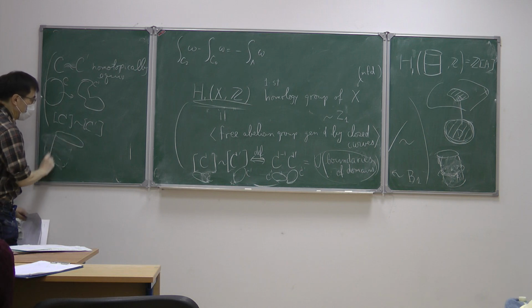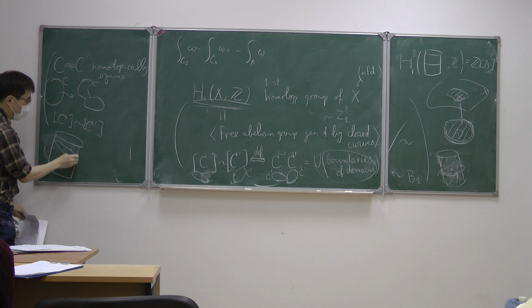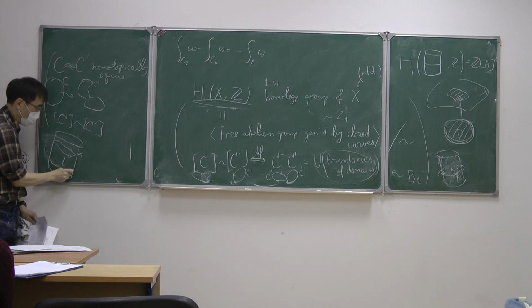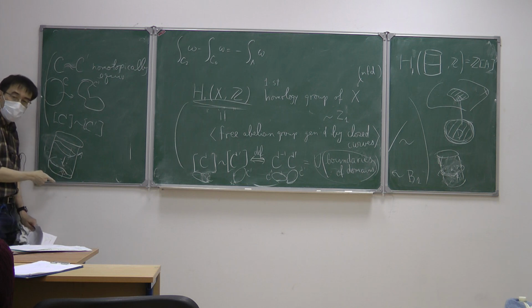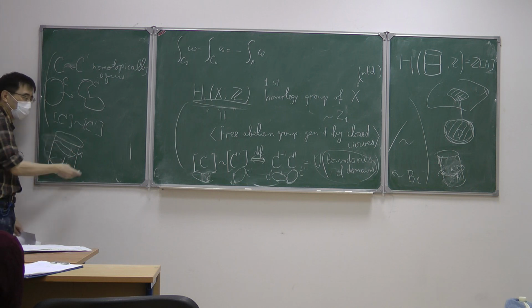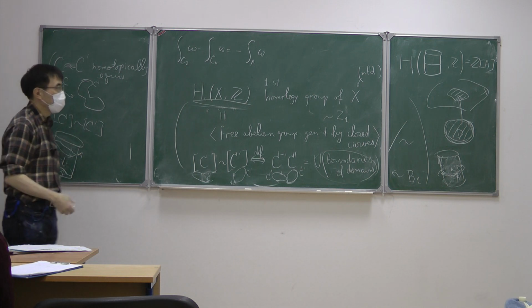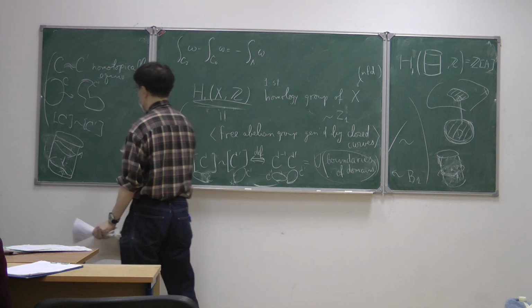For example, on the cylinder, such a curve can be continuously moved to this. So we have just one representative of this equivalence class.